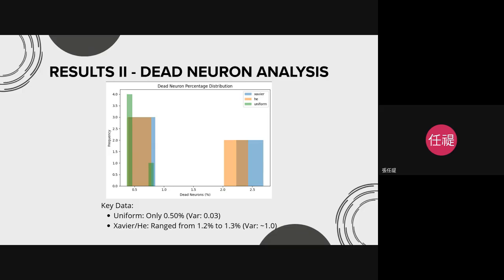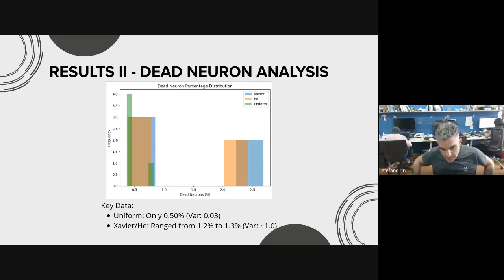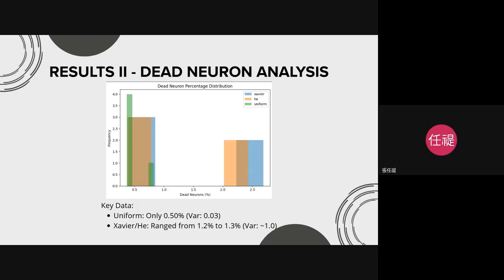In contrast, the long tail effects of sampling from a normal distribution, like in Xavier and He, increase the risk and randomness of neurons falling into the negative region of ReLU and dying. Because if you have all negative values, then the neuron is dead, so it never starts up.